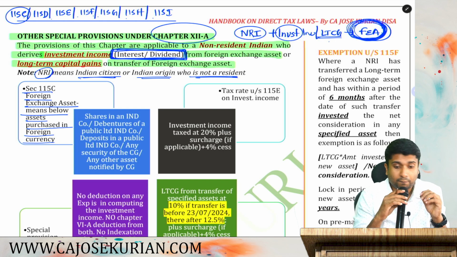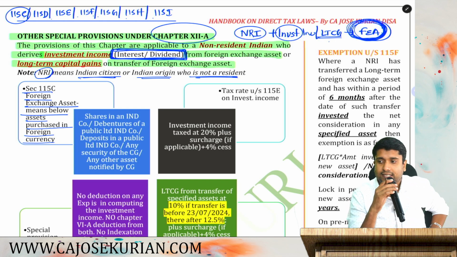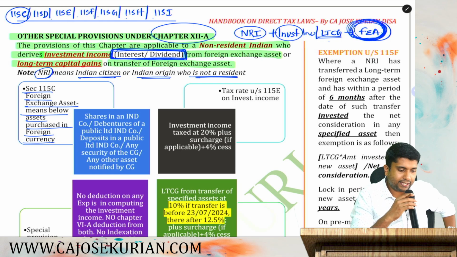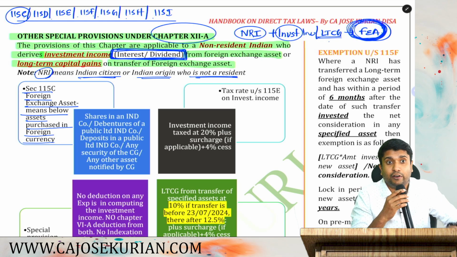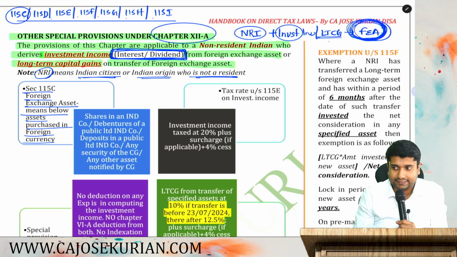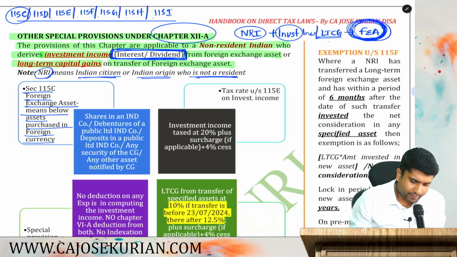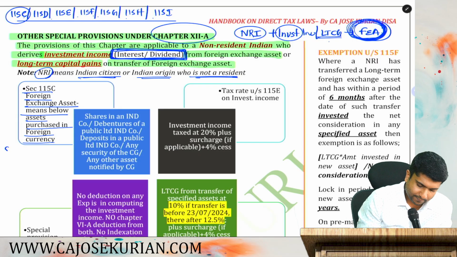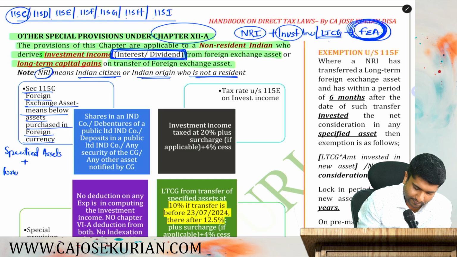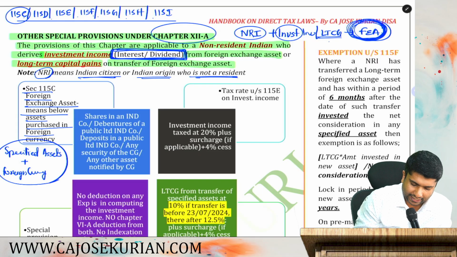If you are purchasing the following assets in foreign currency, we can say that you have foreign exchange assets. Specified assets which are purchased in foreign currency are said to be foreign exchange assets. Which all are the specified assets?